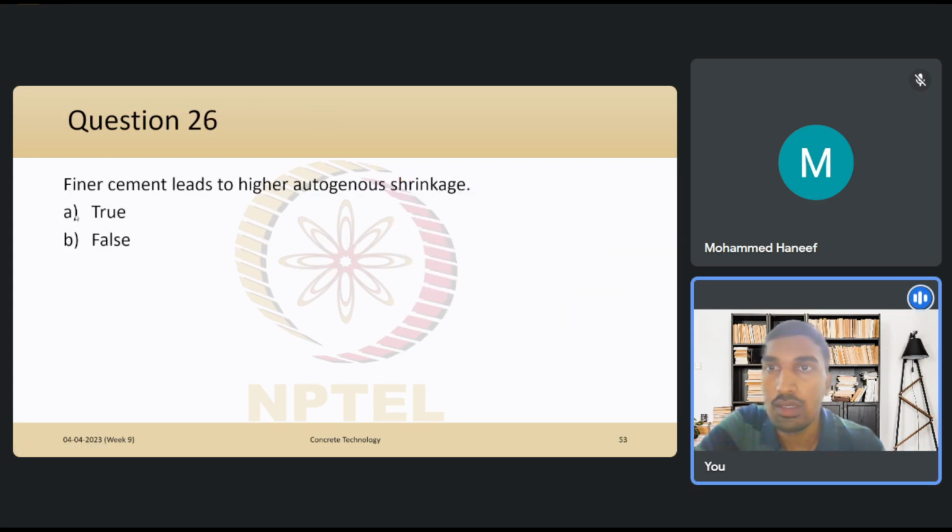Okay, moving on to question number 26: finer cement leads to higher autogenous shrinkage. The options are true or false, so we have to say whether this statement is correct.